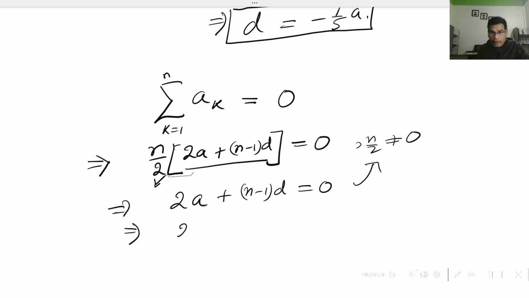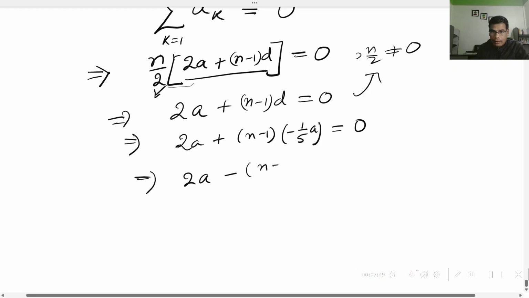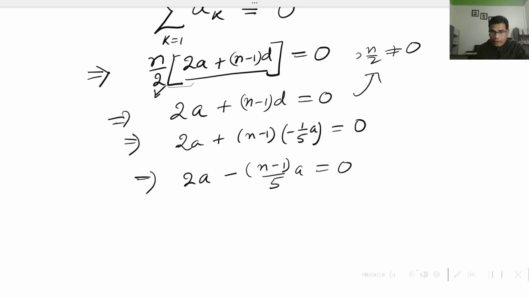Which implies twice A plus n minus 1 D, but D is minus 1 by 5 A. So twice A, plus minus of n minus 1 by 5 A, is 0.